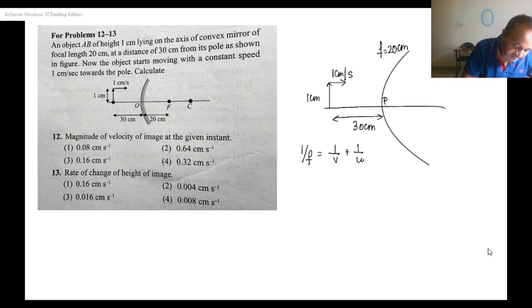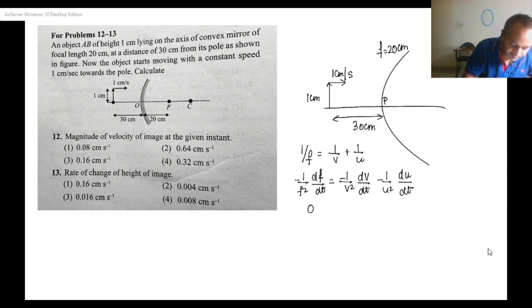So differentiating this, we get df by dt on the left side, and this is equal to minus 1 by v square dv by dt, and again minus 1 by u square du divided by dt.